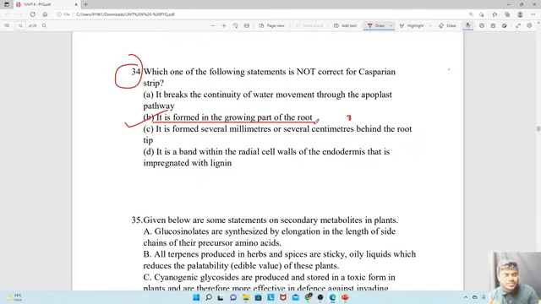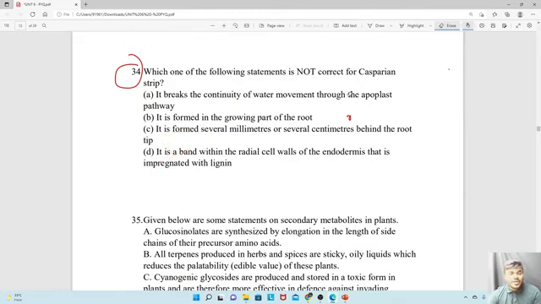In the chapter also I told you, because of the Casparian strip only, the apoplastic pathway is skipped, and once again water molecules re-enter into the symplastic pathway. Why? It contains suberin. It never allows the movement of water molecules. So don't think that the Casparian strip is a very long strip. It's a very small strip. So C is right. Option D is also right. Sorry. Option B is wrong. Option C and option D are right.